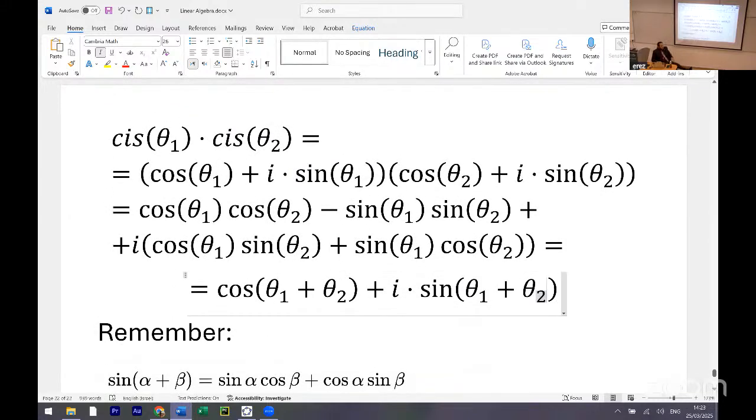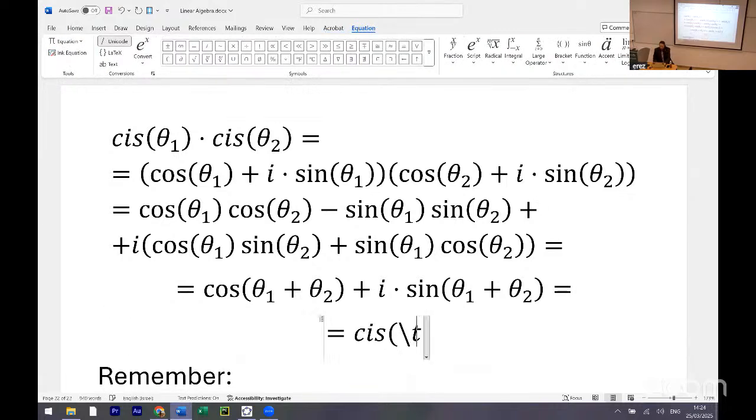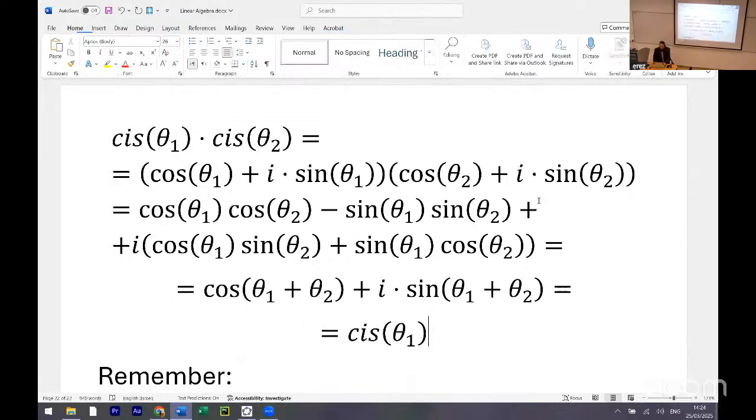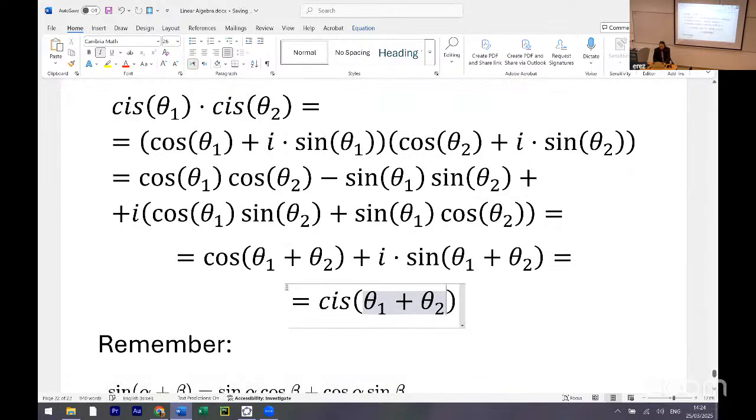And if you look from the start of the argument to its end, that's cis of theta 1 times cis of theta 2. And what do you call this in shorthand? That's the cis of theta 1 plus theta 2. And I'll write it in a few seconds in a theorem, but that is what we found.